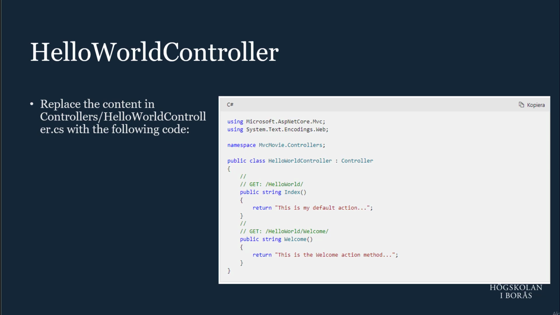The second action we have available within our controller is the Welcome action, and this one also right now only returns a simple string stating this is the welcome action method. So replace the contents in the controllers, HelloWorldController, with the following code which is presented here in this diagram.